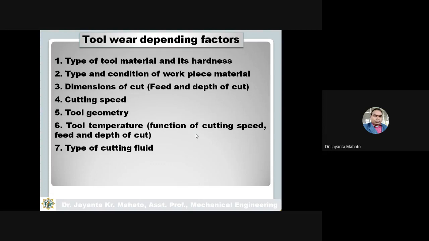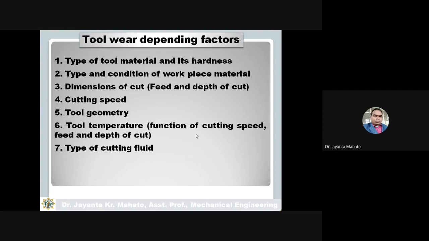in the brittle material, discontinuous chips will form, but these discontinuous chips will stick to the surface of the cutting tool, and this sticking is actually called the built-up edge.